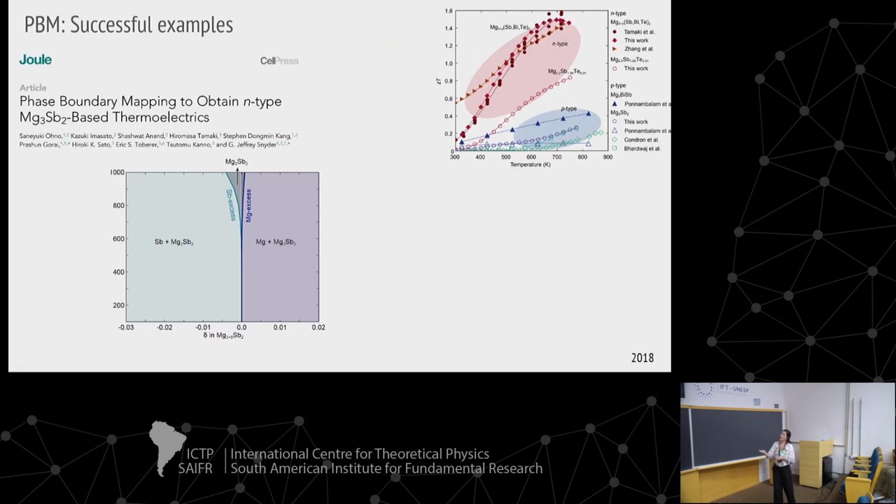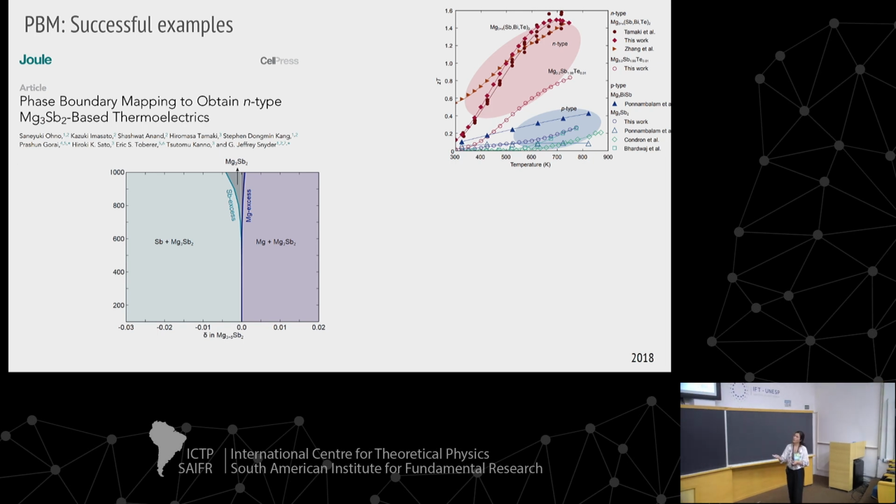So these are just some examples of applications of phase boundary mapping. One is on manganese antimonide, which is a Zintl compound. They are predicted to have high thermoelectric performance if they are doped n-type. But most of the Zintl compounds, including this one, are known to be mostly p-type materials.